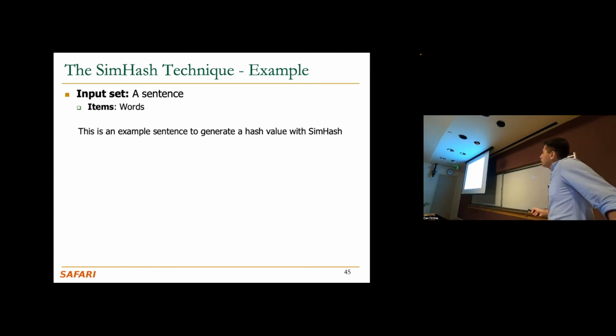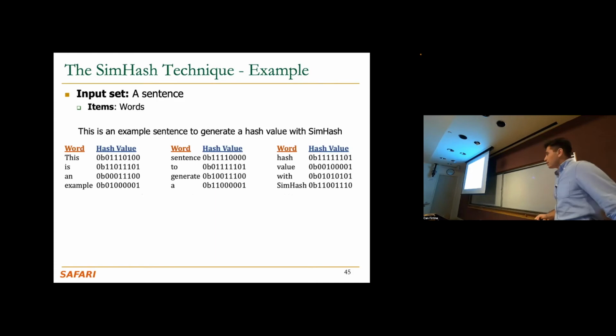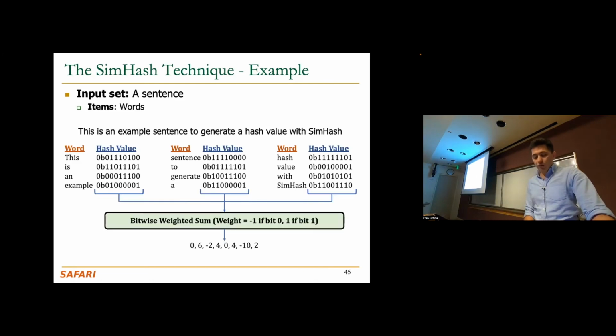And the items of that set would be its words. What we first do is generate a hash value for each of the words. You could be using any hash function for that. Later on, we do a bitwise weighted sum for each of the bits at every position.